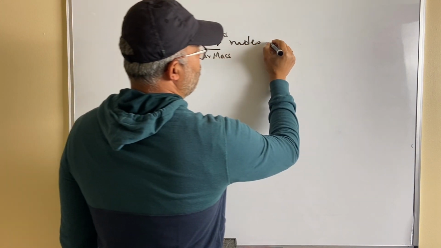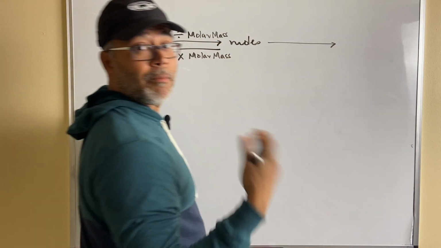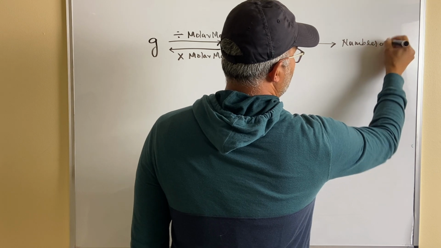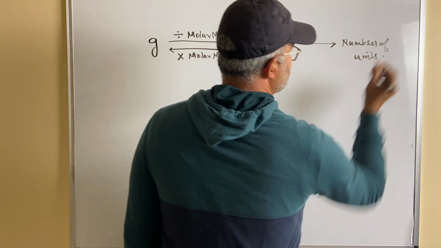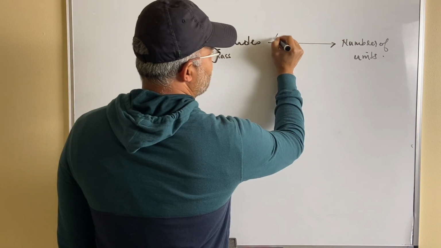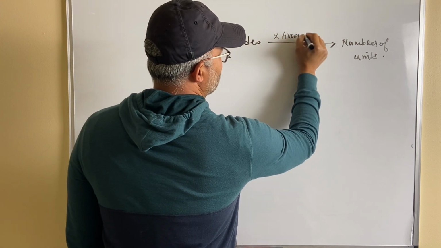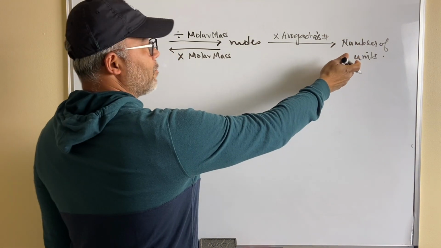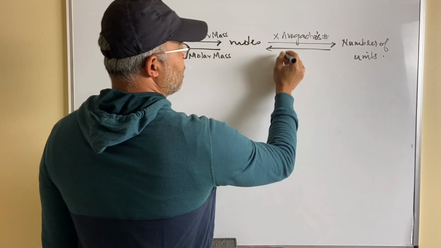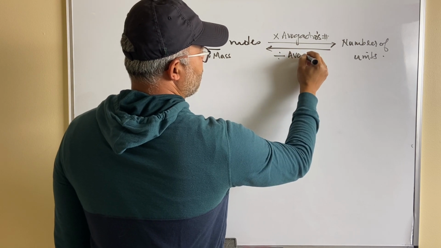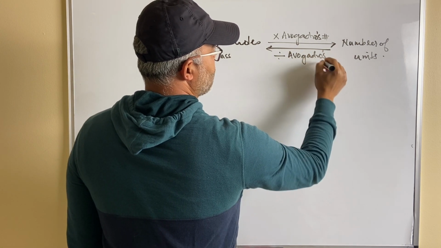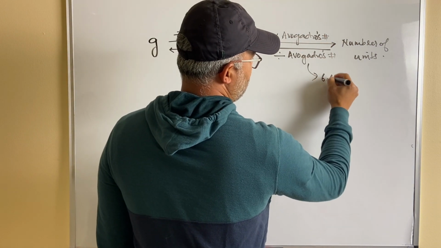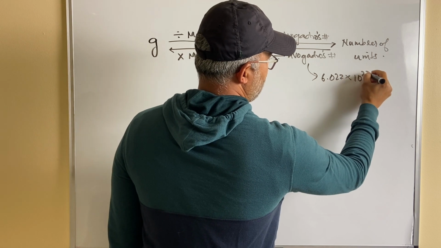And now when you're trying to go from moles to number of atoms, molecules, ions, whatever, so number of units, then you want to multiply by Avogadro's number. And if you're going from number of units back to moles, you want to divide by Avogadro's number. And you might recall Avogadro's number is 6.022 times 10 to the 23.